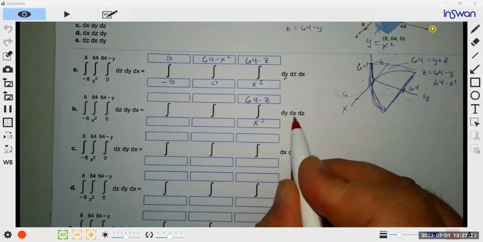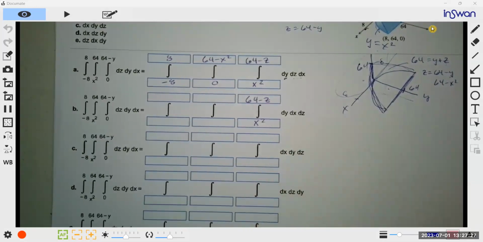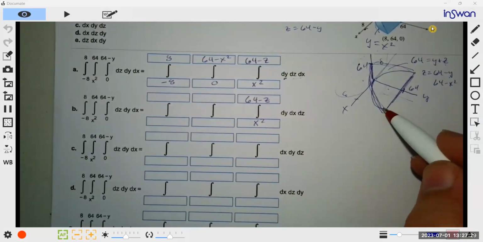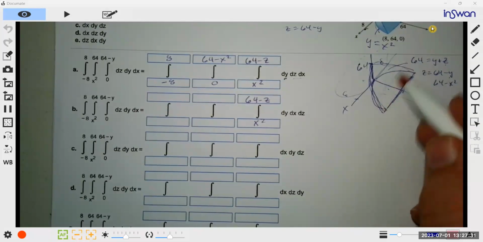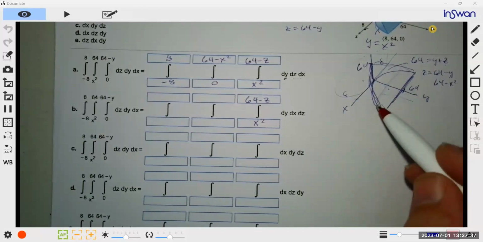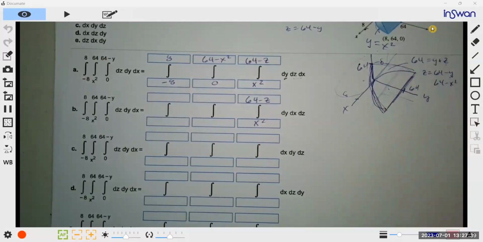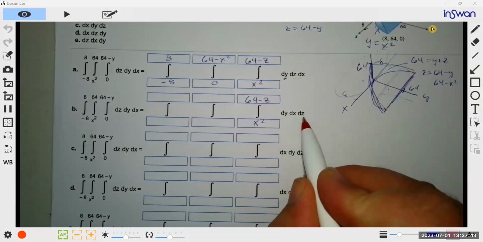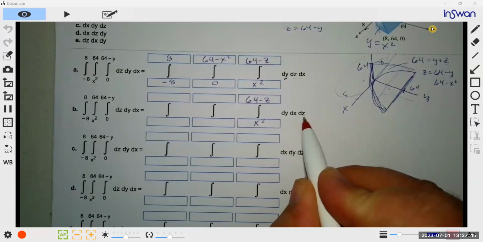Now we have to be parallel to the x-axis. So it has to be parallel to the x-axis. So it's got to cross on these two points here. We have to solve it with respect to z.